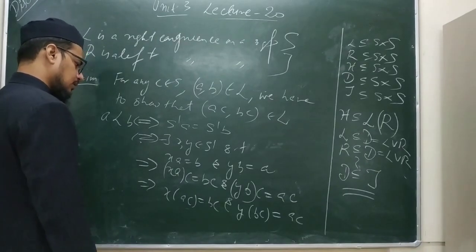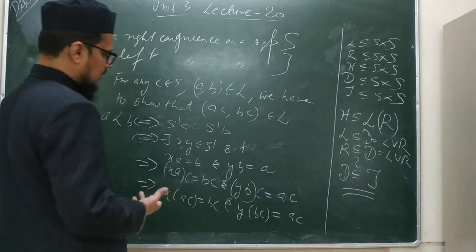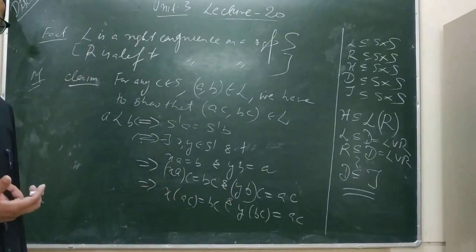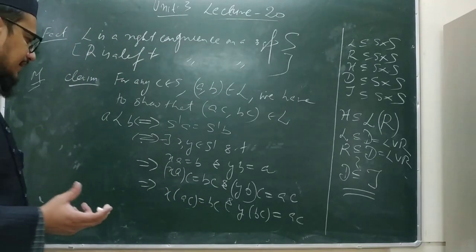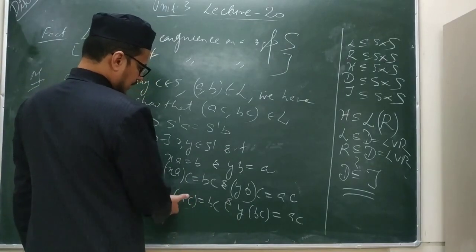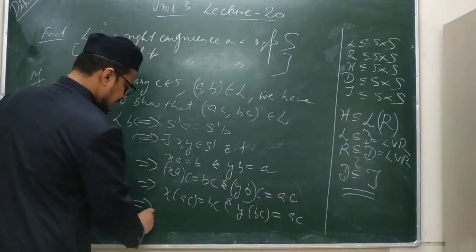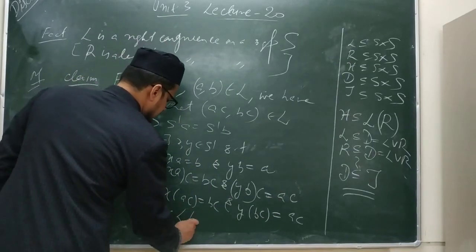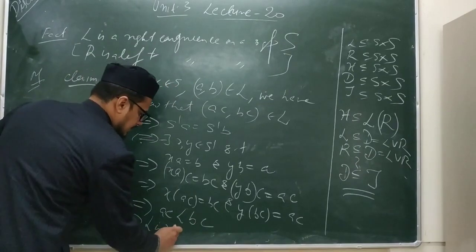If you see the definition of relation L, how relation L is defined, we see that X, Y belong to S1 and X into AC is equal to BC and Y into BC is equal to AC. So what does it imply? It implies that ACLBC. So it implies that L is right compatible.